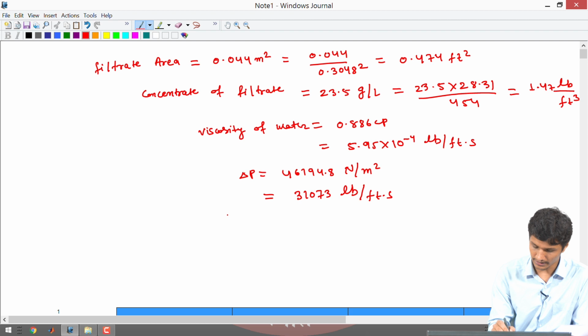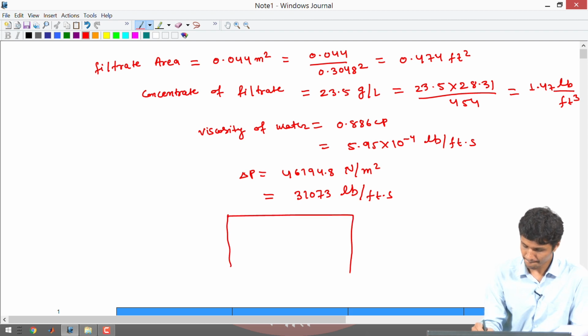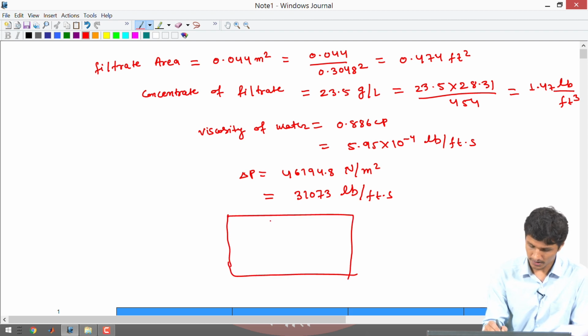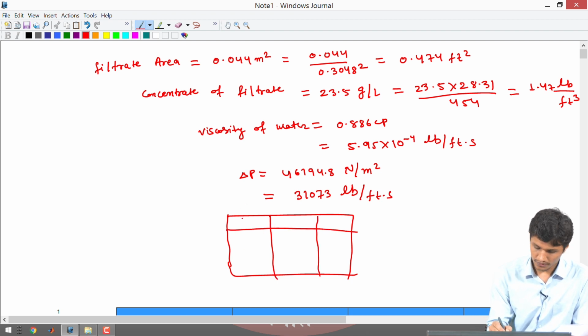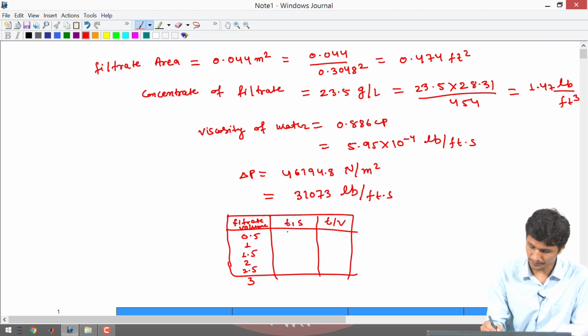I am going to make the table also. Filtrate volume, time in second and T by V. Volume: 0.5, 1, 1.5, 2, 2.5 and 3. Okay.